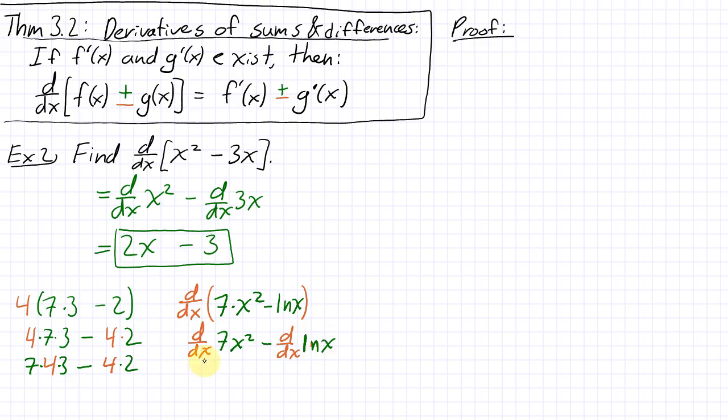And then the derivative of 7 times x squared, of course you could use the other rule there and write that as 7 times the derivative of x squared. So it works kind of like multiplication with numbers does, is what I'm trying to say here.